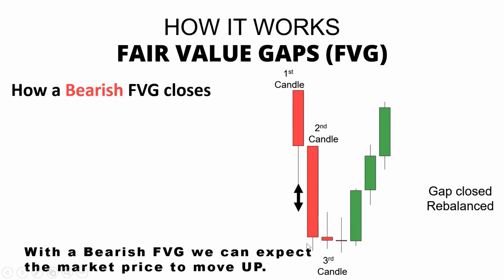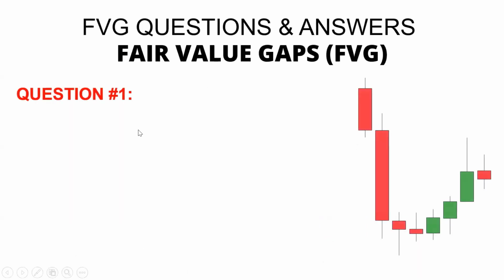We then have the third candle where we can draw the fair value gap between the low of the first candle's wick and the high of the third candle's wick. Between that is the fair value gap. And we know that the price needs to come back over here, close the gap, rebalance, create efficiency.